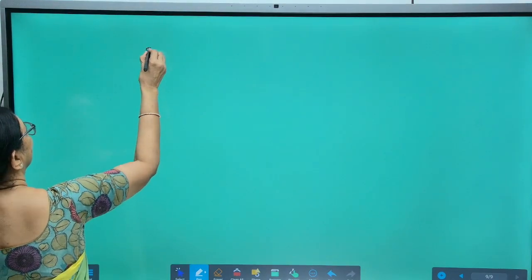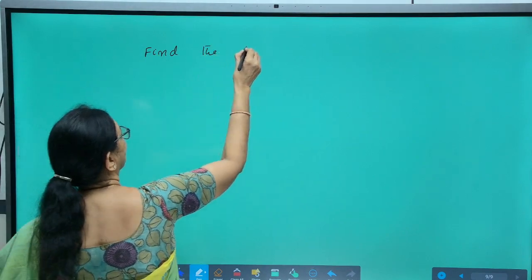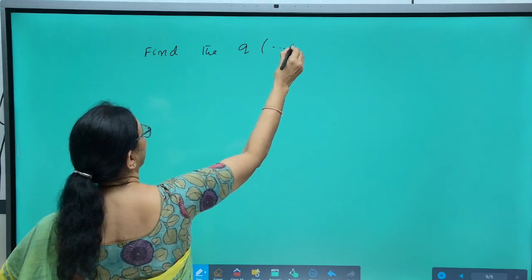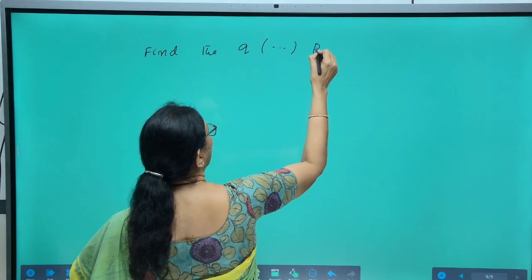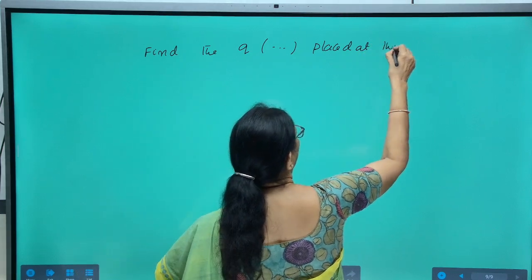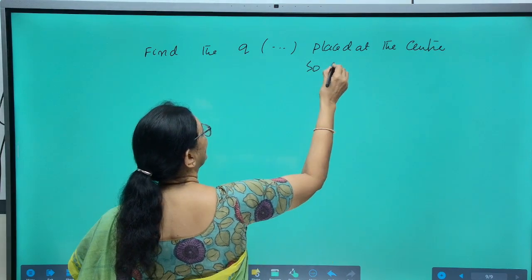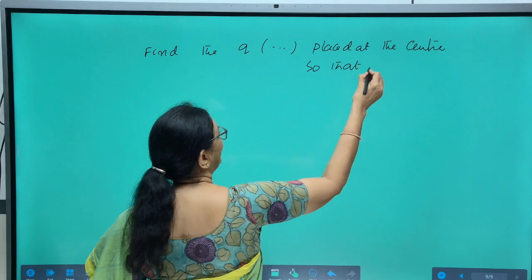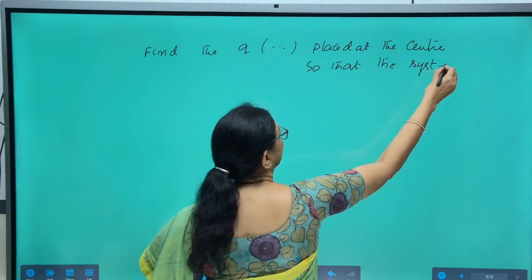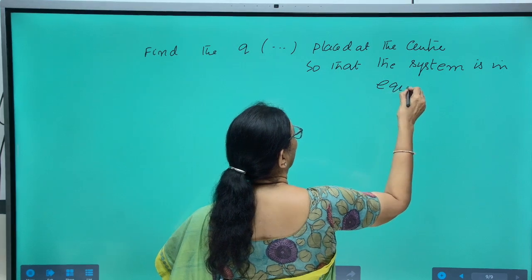Find the charge, both magnitude and direction, placed at the center so that the system is in equilibrium.